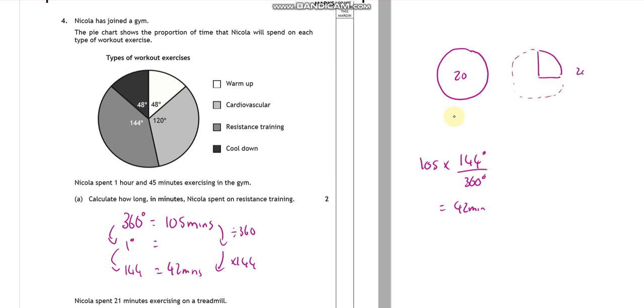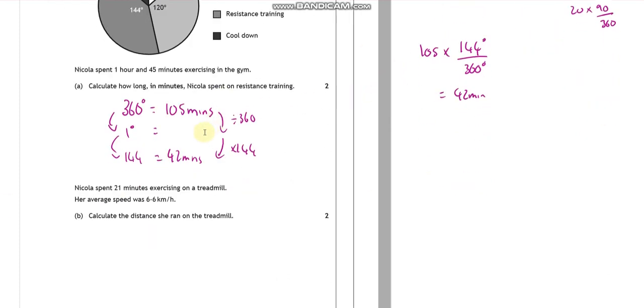Well, it's going to be 20 multiplied by a quarter. I've only got 1/4 left. I've got 90 degrees left out of my 360 degrees. So I quite like that, to make you think about ratioing sizes and things. But this is maybe the way I would usually do that question. So yeah, two ways of doing it: take your total amount times by this ratio, or the percentage method we've been doing as well. Nice one.